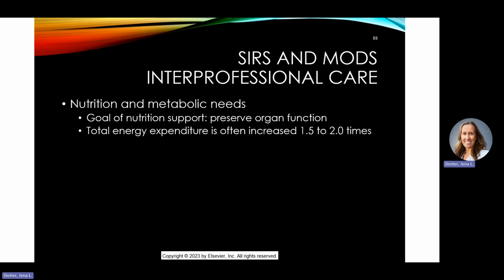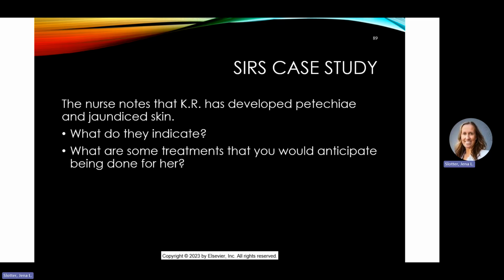Once again, nutrition, we want to preserve the function of our organs. The more we can use them, the better. Our total energy needs are often increased 1.5 to 2 times, so we really need to get some nutrition into our body so that we can support those metabolic needs.